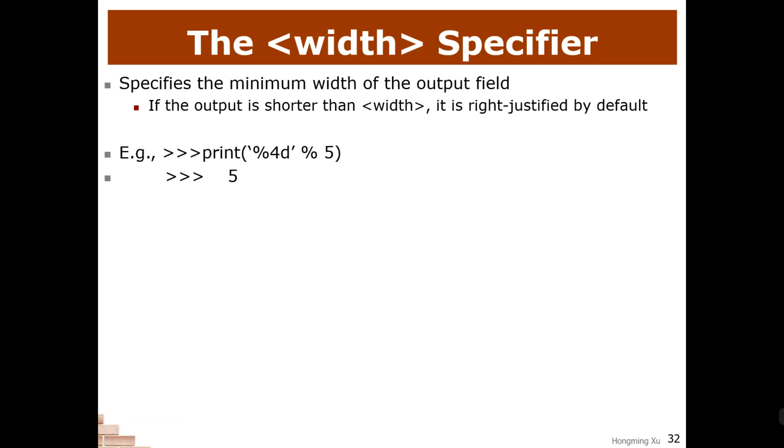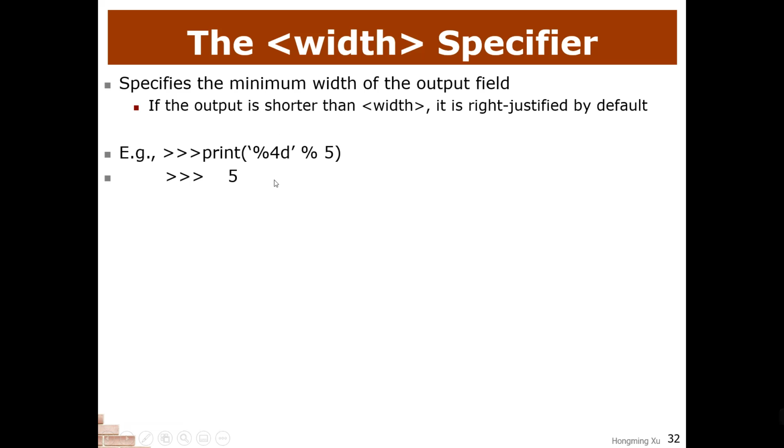Okay, another one is the width specifier. This is very simple. The width is used to specify the minimum width of the output field. Basically, by default, if the output is shorter than the specified width, the output will be right justified.